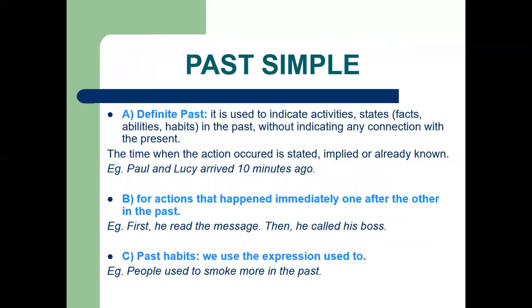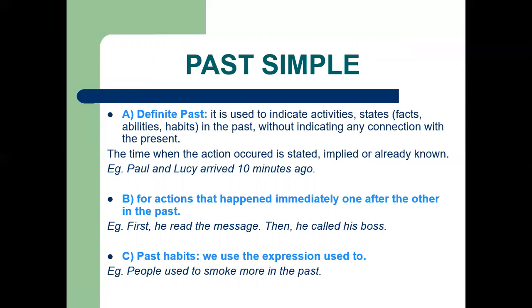Okay, let's pass on to the past simple. Past simple is used to describe, as we said before, definite actions. That's why we said that when you use the past simple, you express definite past. You indicate activities, states in the past without indicating any connection with the present. This is crucial, right?